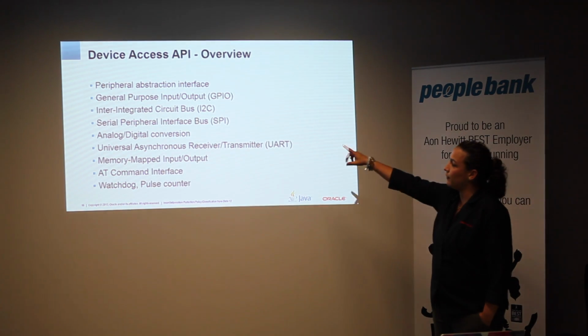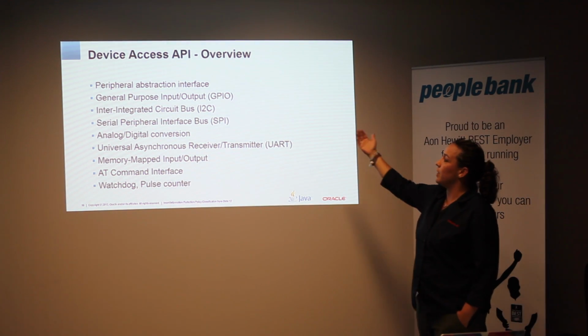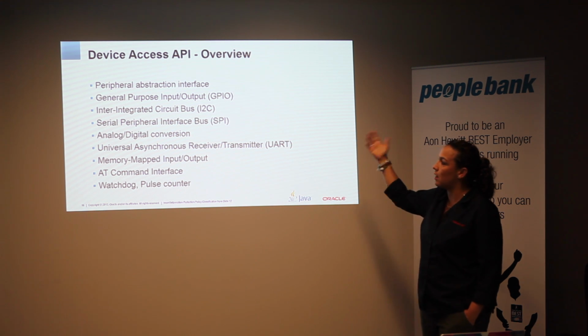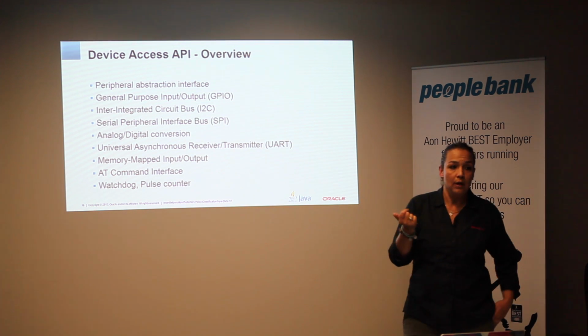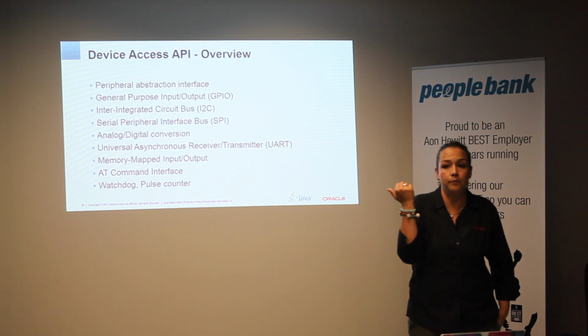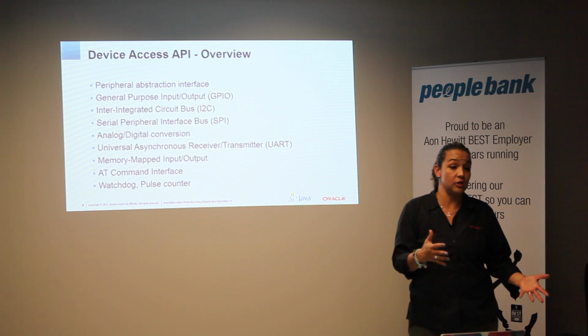So the peripheral abstraction interface is now called device. We have support for GPIO, I2C, SPI, UART, and all that. I2C I think is really cool. My first time working with it was last year, and then I realized there are so many cool devices out there that use I2C.